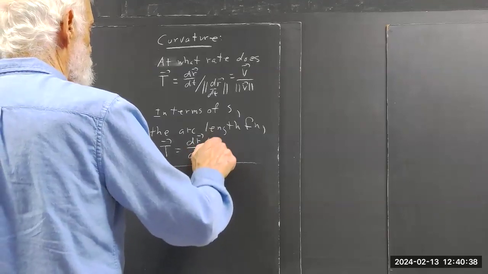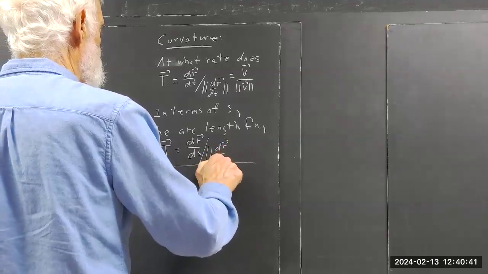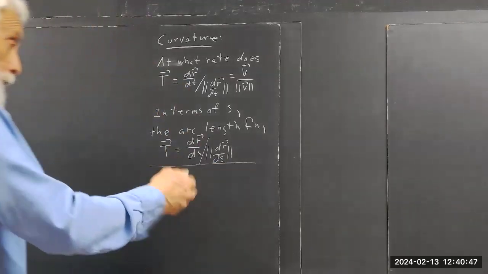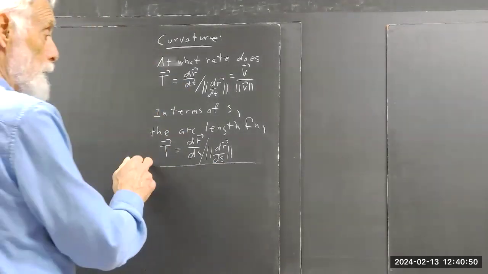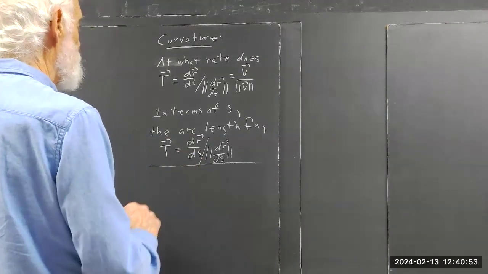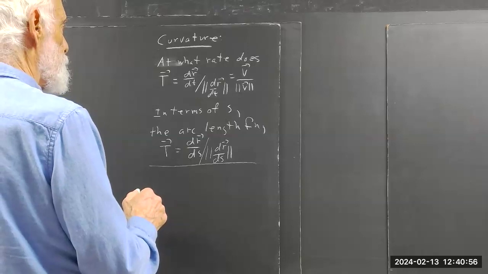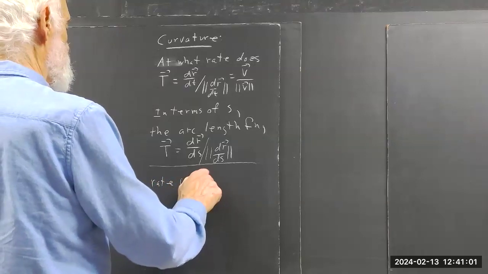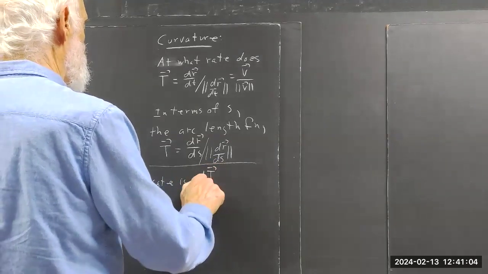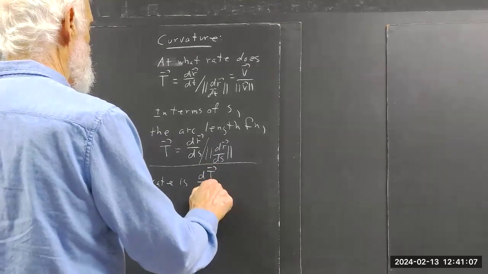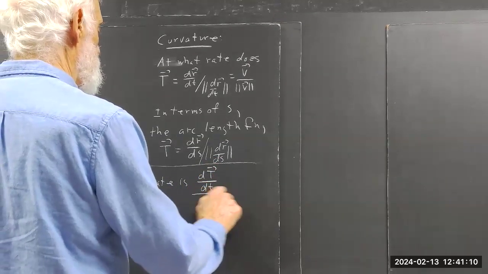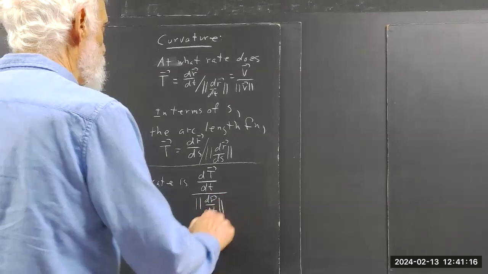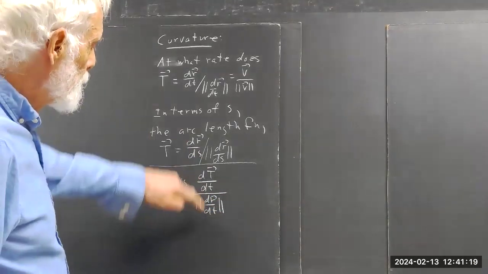Well, I'm going to be careless. I'm going to write this. I haven't proven this even to myself, and there might be a confusing example. When you have to take the time to reason it out, I should have thought through that before. So I'm going to write this to be safe. It's the rate of change of your unit tangent vector divided by your velocity.